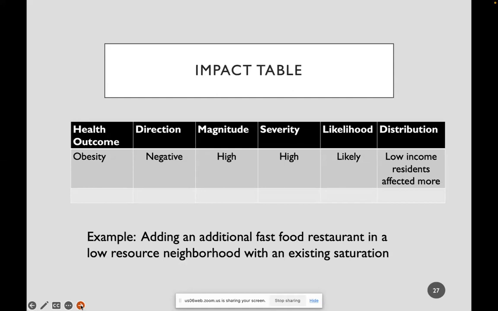The severity would be high, that it would impact lots of people over time in a severe way. Very likely that this would happen, and that it would impact lower income residents more than people who have different choices, who can maybe leave their neighborhood to find groceries.